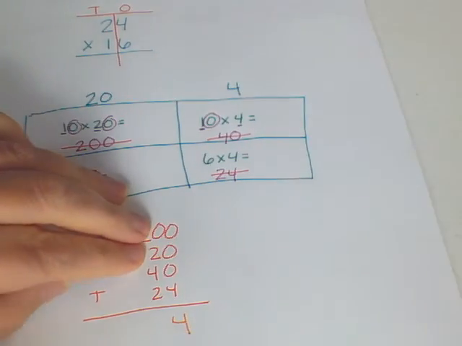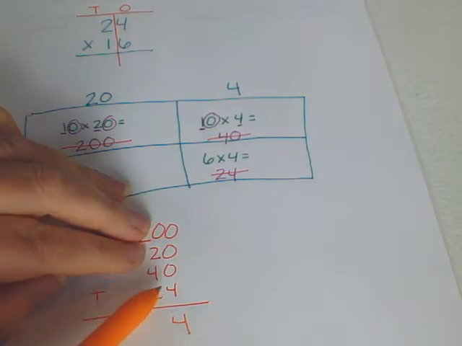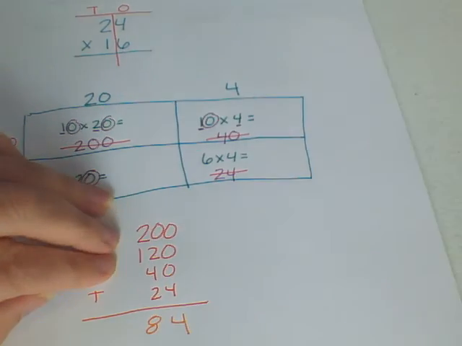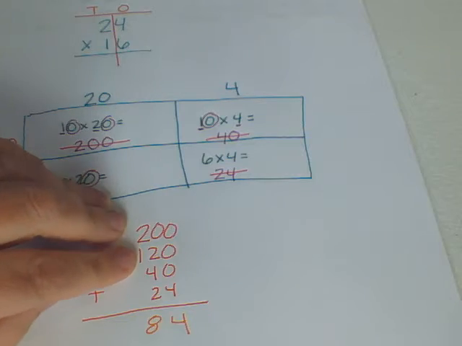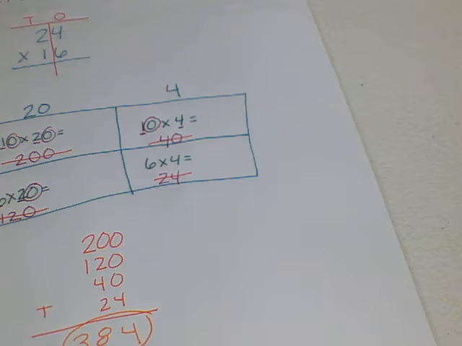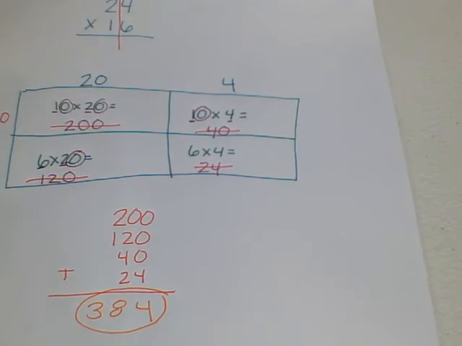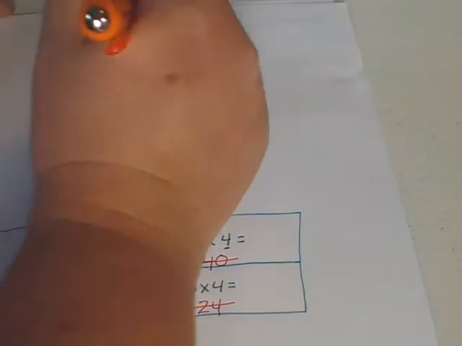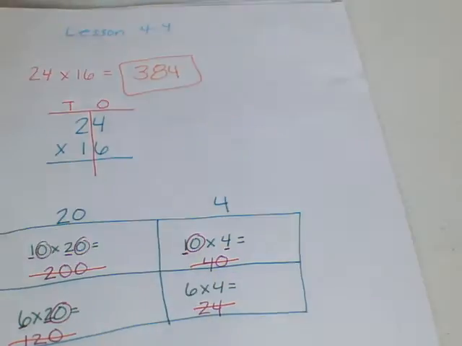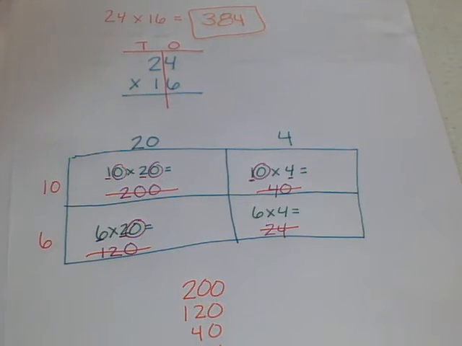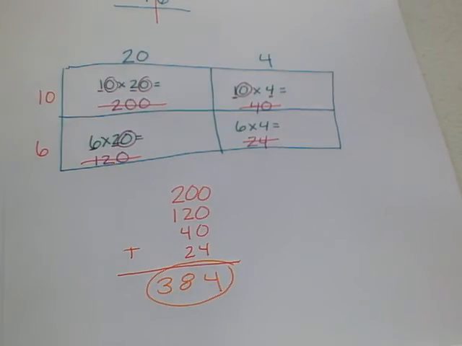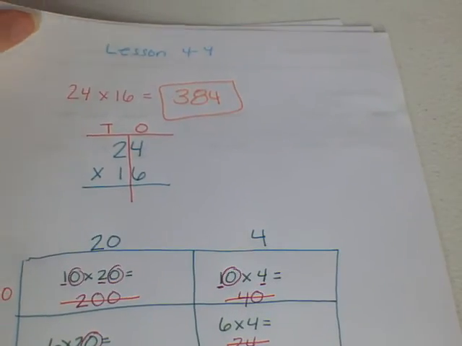If I look at my tens column, I have 4, 5, 6, 7, 8. And if I look at my hundreds column, 200 plus 100 is 300. So 24 times 16 is actually equal to 384. And that was me splitting 24 and 16 up.